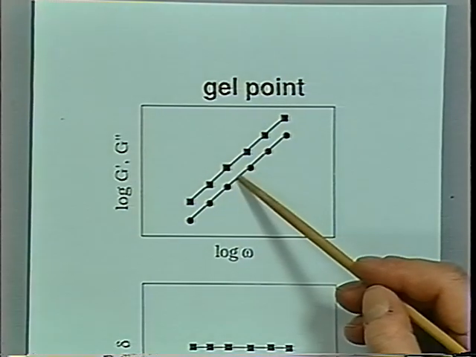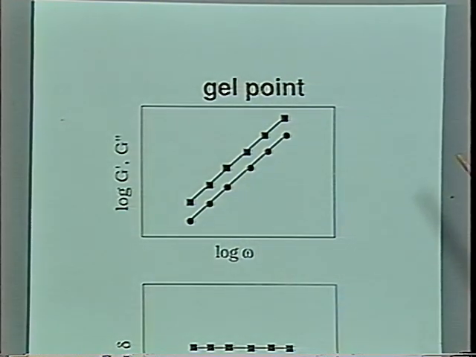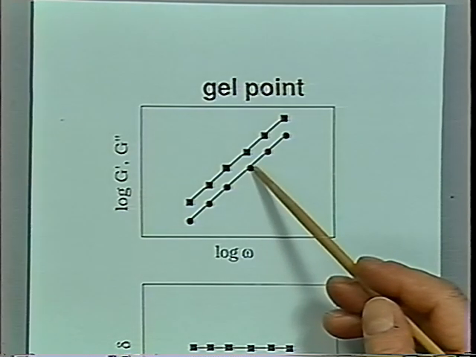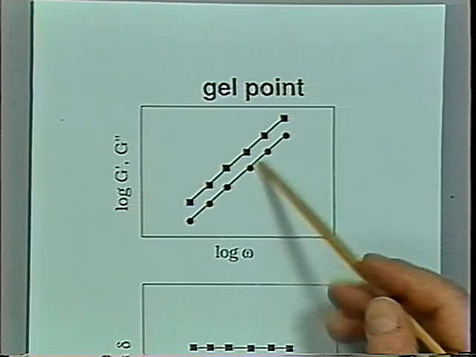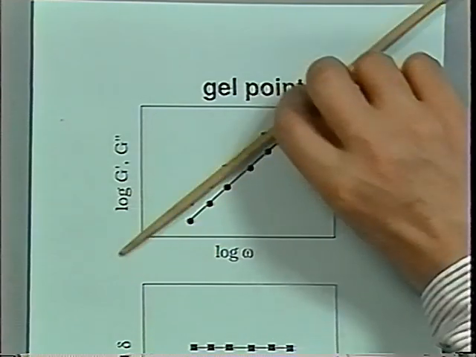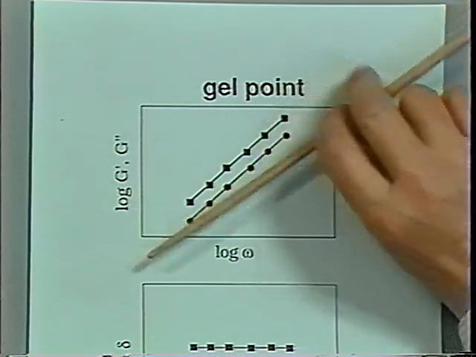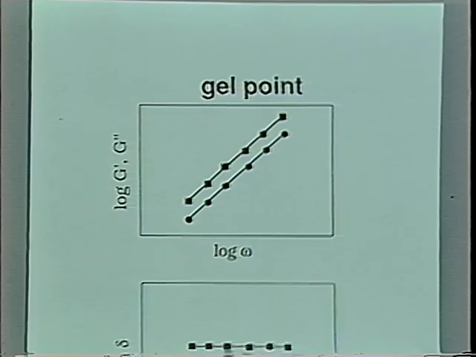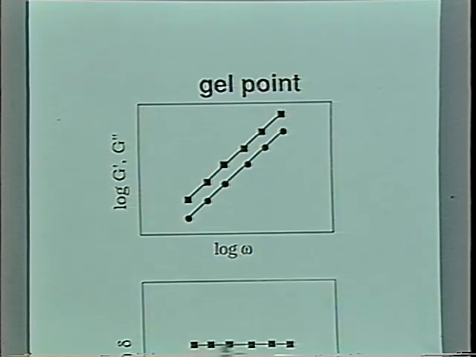The spacing is given by the slope. We saw that last time, taking the Kramers-Kronig relation. And we know that the slope has to be the same. So when you take the ratio of G double prime over G prime, then you immediately see that tan delta, the ratio of it, is independent of frequency. So that's the fingerprint of a material at the gel point.